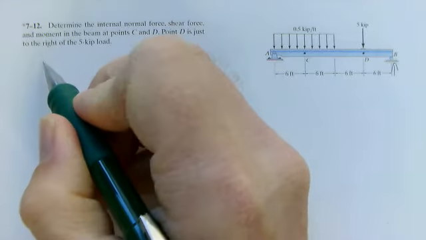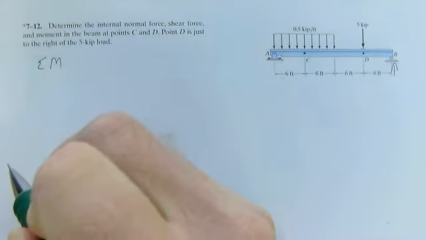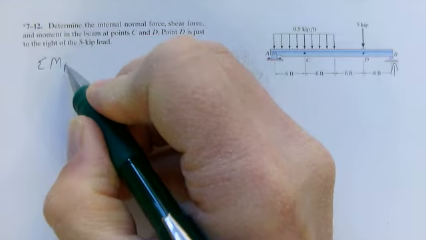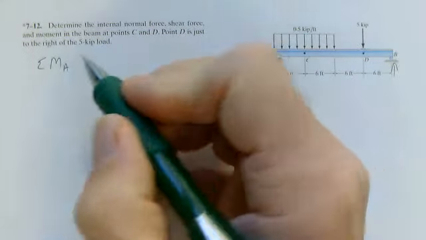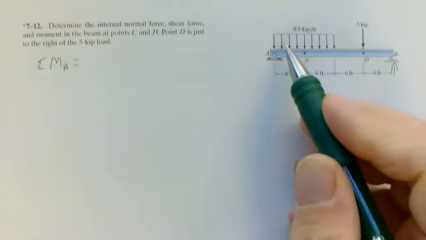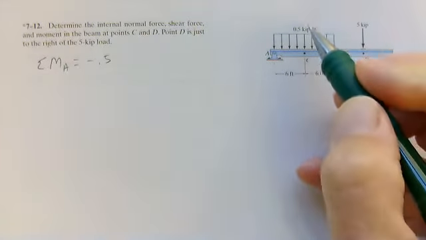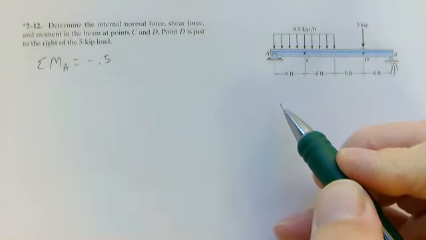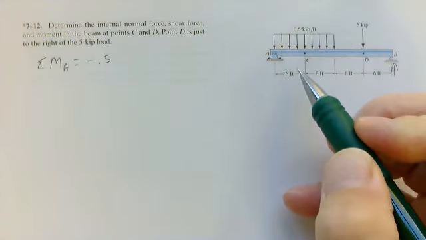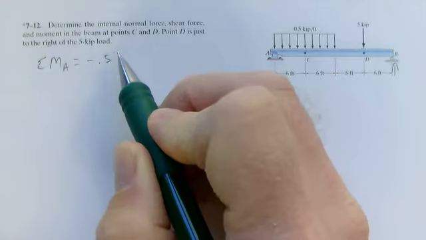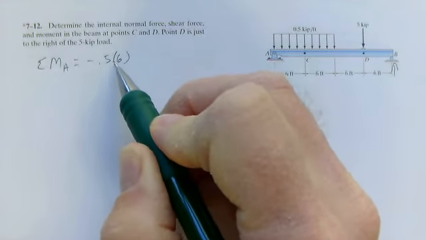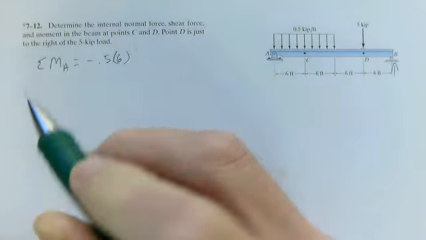So I'll start by summing the moments about A. Start with negative 0.5, because it's going to cause rotation in the clockwise direction about A. So that's going to be 0.5 times 6 times 12.